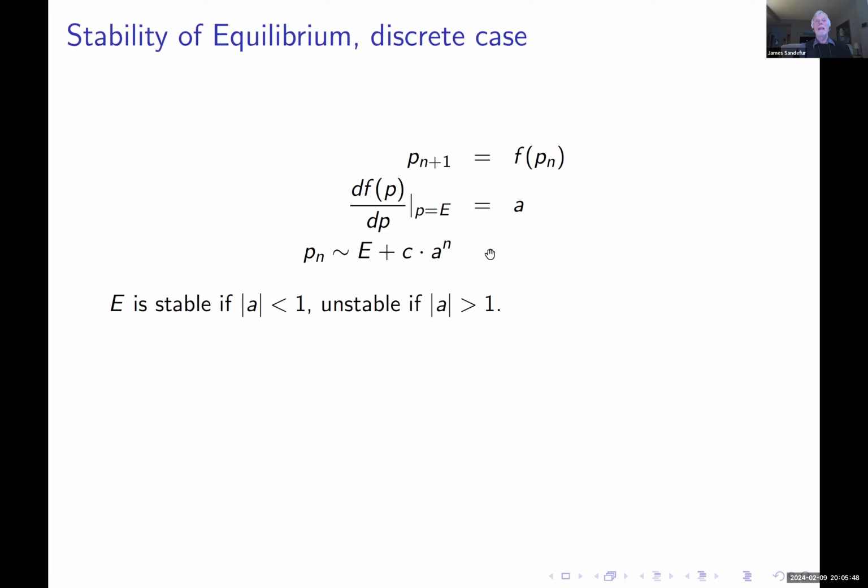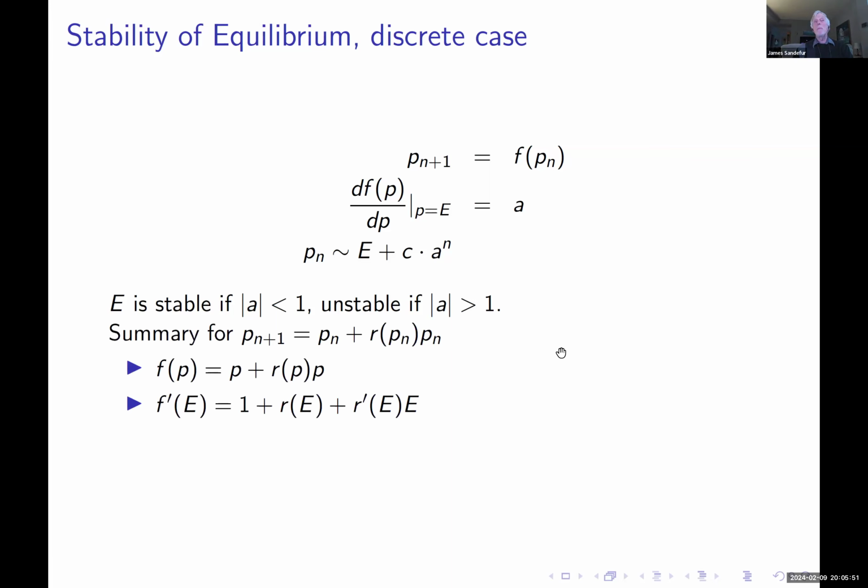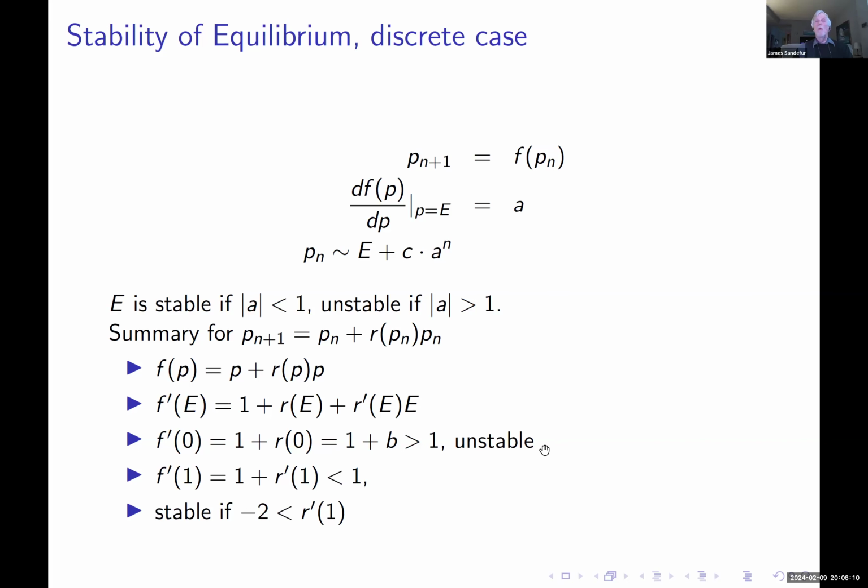Applying that to the discrete model, notice that when you take the derivative, it is 1 more than it was for the continuous model. So when we evaluate it at 0, we get 1 plus b. So again, 0 is an unstable equilibrium. And when you evaluate it at 1, you get 1 plus r prime of 1, which is less than 1. But here's a difference for the discrete model: r prime of 1 has to be greater than minus 2.